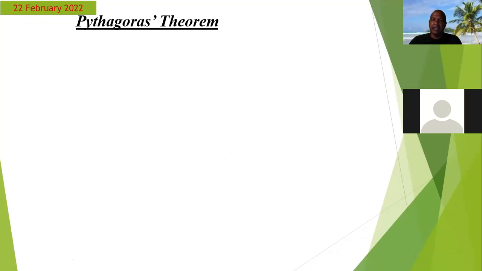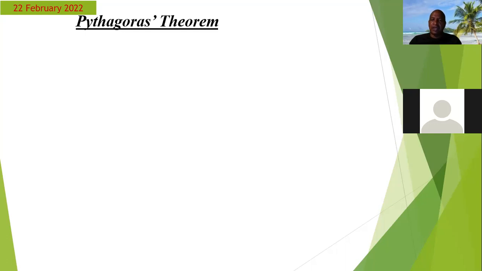Now, every triangle, we say, has 6 elements to it. And the 6 elements of a triangle would be 3 sides and 3 angles. So at some point, we may want to measure or calculate an angle. At some point, we may want to measure or calculate a side.